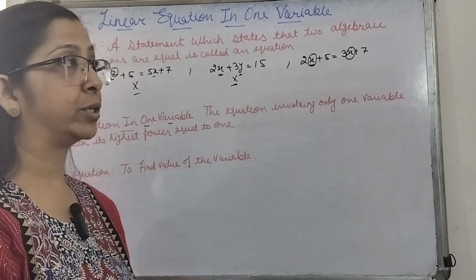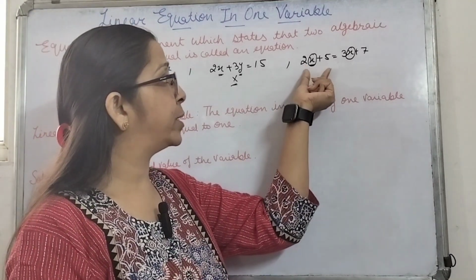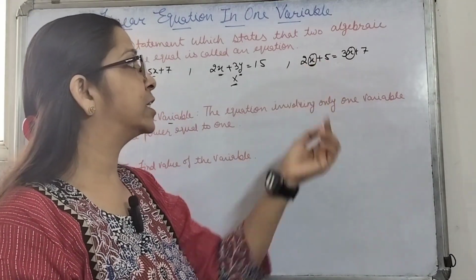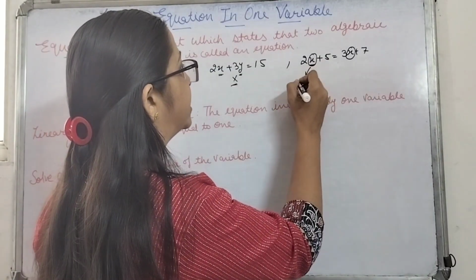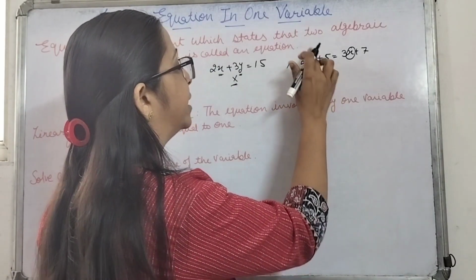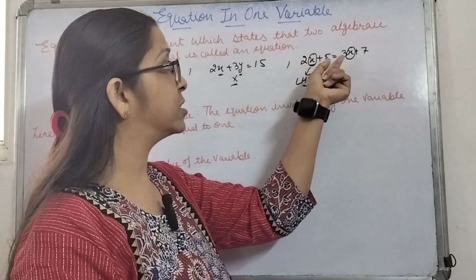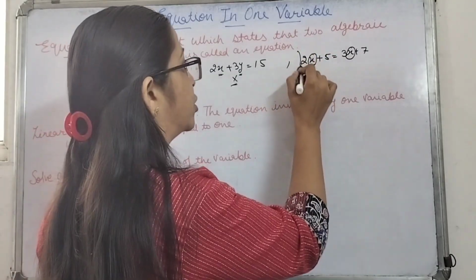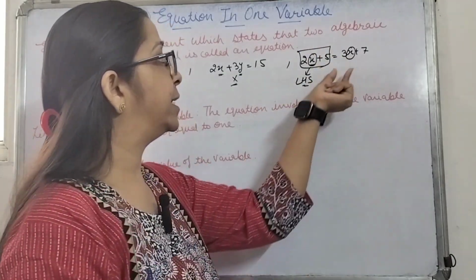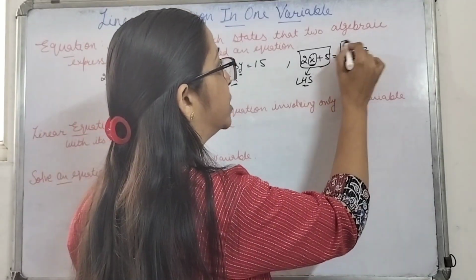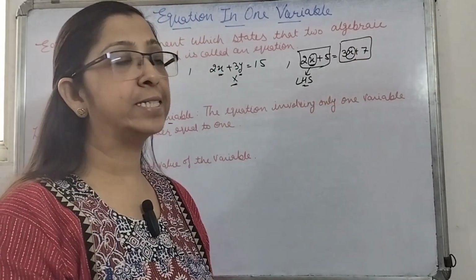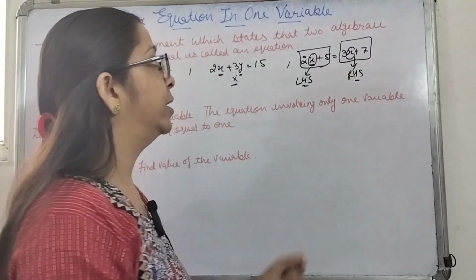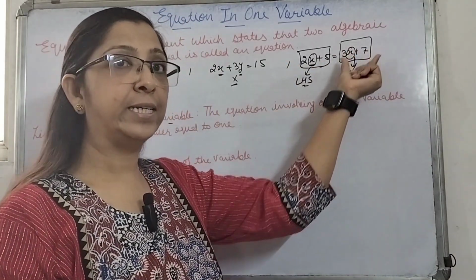So whatsoever algebraic expression we have towards the left of the equality sign is known as the left hand side, and the algebraic expression which is towards the right of the equality sign is known as the right hand side. This is the left hand side, this is the right hand side.